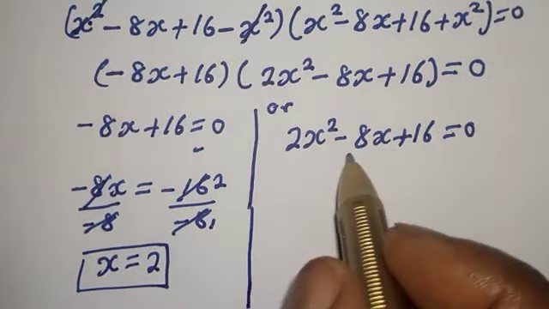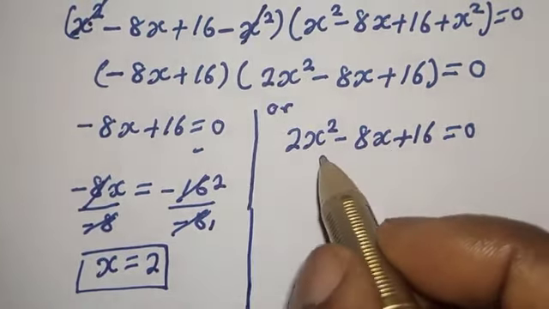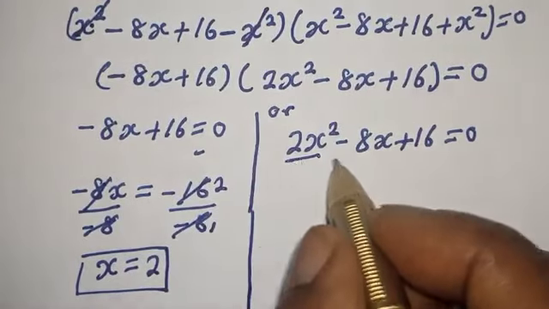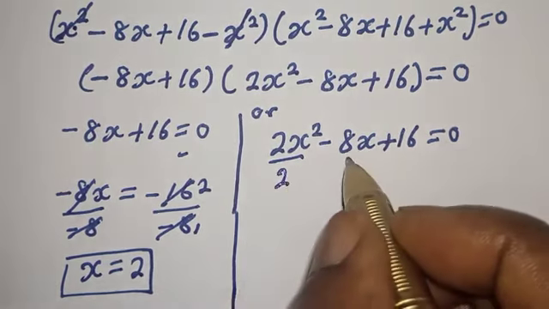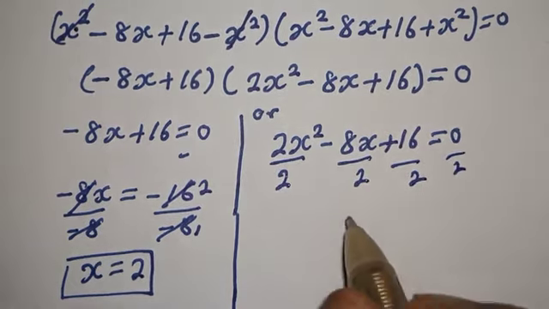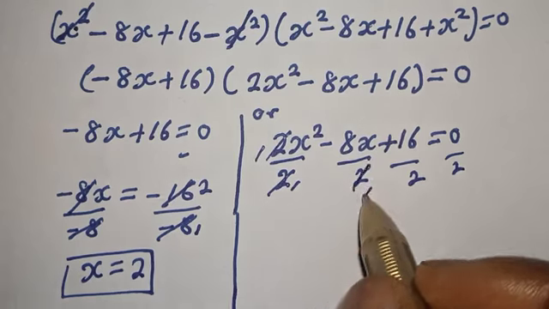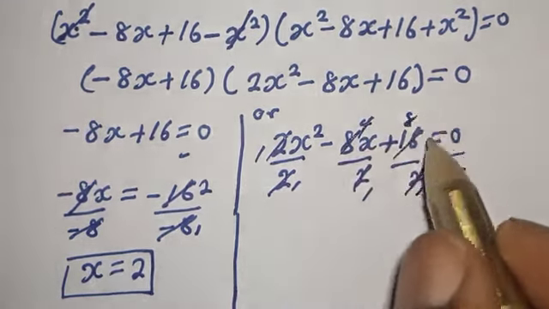And from the second case, we can still reduce this by dividing all through by 2. Let's divide all through by 2. 2 here 1, 2 here 1, 2 here 1, 2 here 4, 2 here 8.